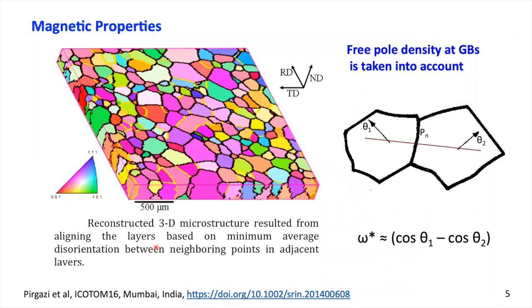This work was published already many years ago. Some years ago, Hadi Pirgazi, my PhD student, expanded this work by not only looking at the crystallographic texture, but also looking at grain boundary positions, grain boundary inclinations, as they are called.